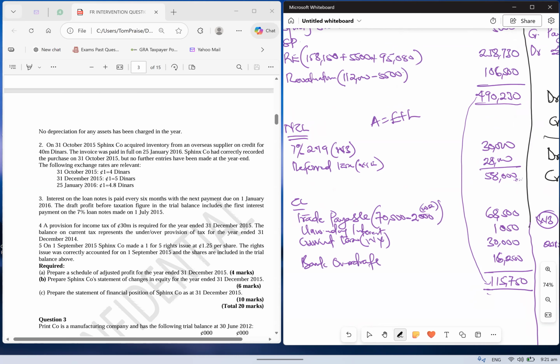So this 58,000, this one. The liability will be 173. No. You needed total liability. So 17 what? 173,750. All right. So now add the liability to the equity.